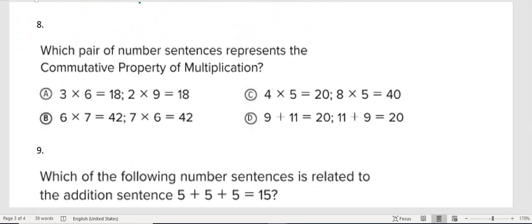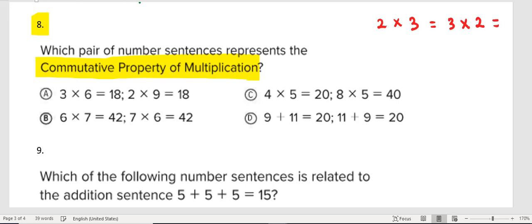Question number 8. Which pair of number sentences represents the commutative property of multiplication? If you remember in our lessons, we did say that two numbers that multiply each other, regardless of their position, if swapped, for example 3 times 2, you will still get the same result or answer of 6.